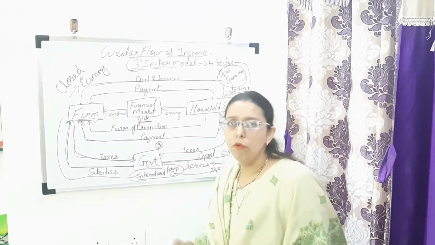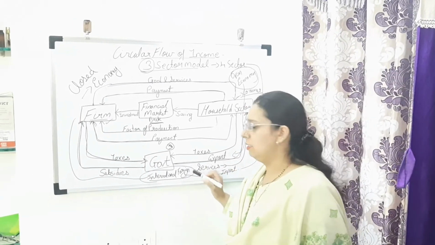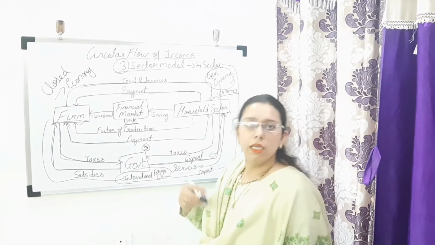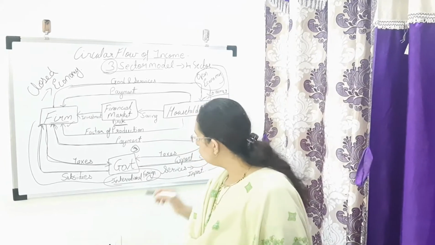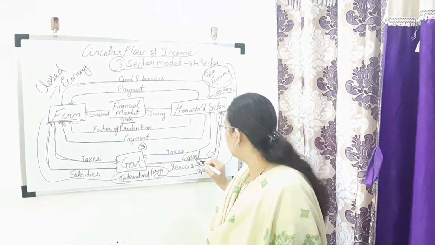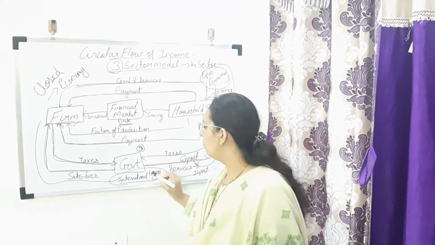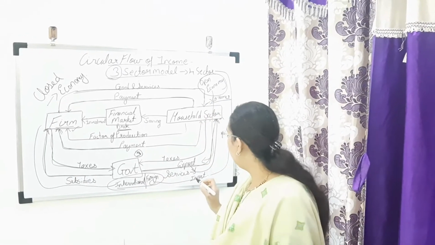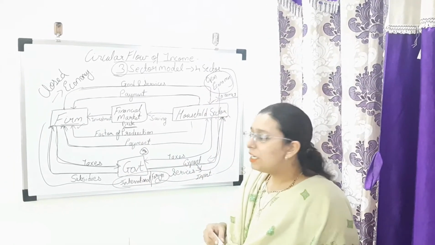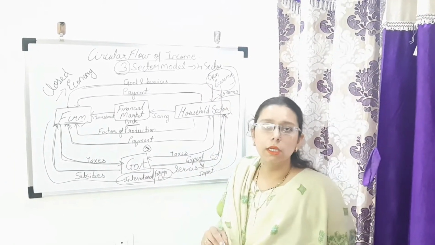And there is a flow of money between these. Buying product from foreign countries, giving product to the foreign countries. It means there is a fourth sector, that is international and foreign countries, where import and export take place. So it is called an open economy.